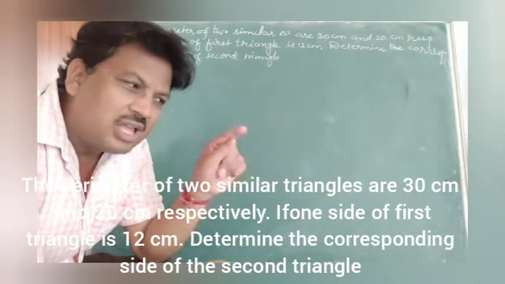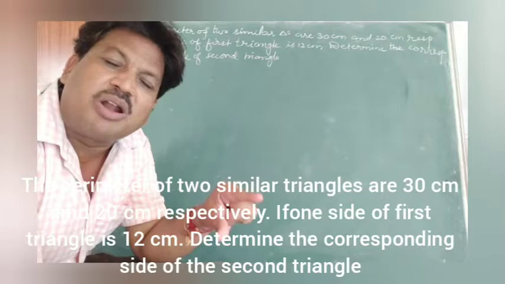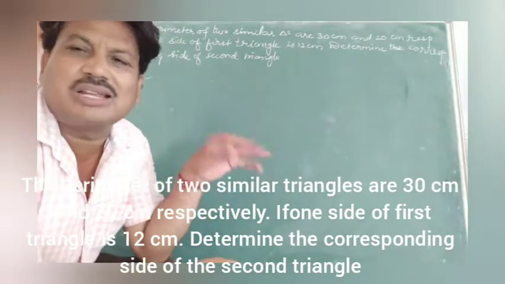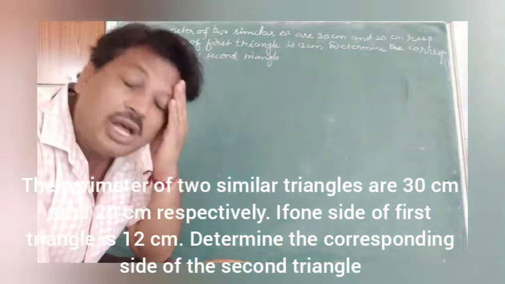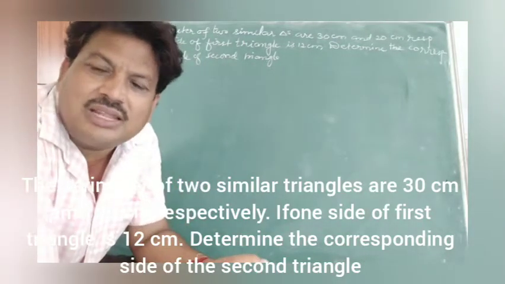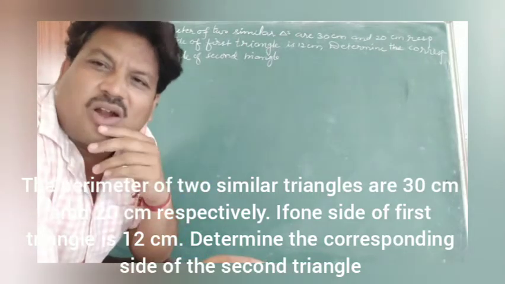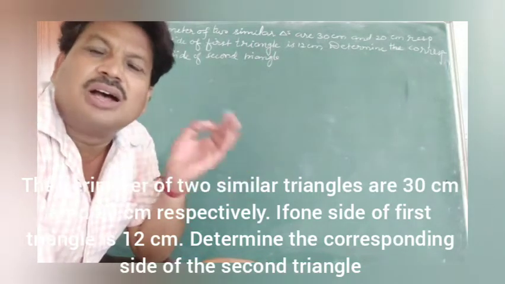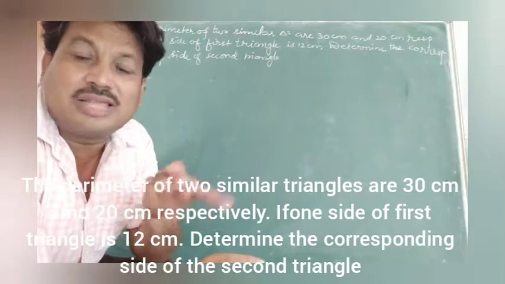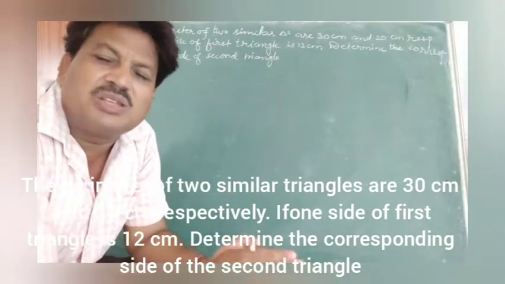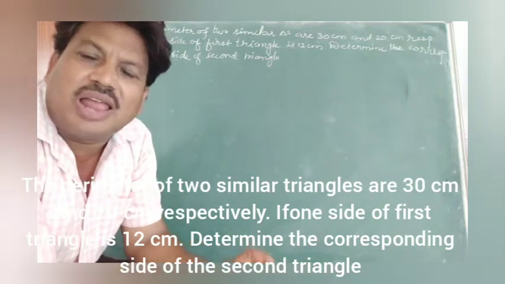You have to find the corresponding side of that. First you have to find out which one is the corresponding side of the given side. Easily you can understand this question while drawing the diagram. Okay, children? So how many triangles are given first? Two triangles. Name of the triangle is not given. So first of all, we have to assume that there are two similar triangles.